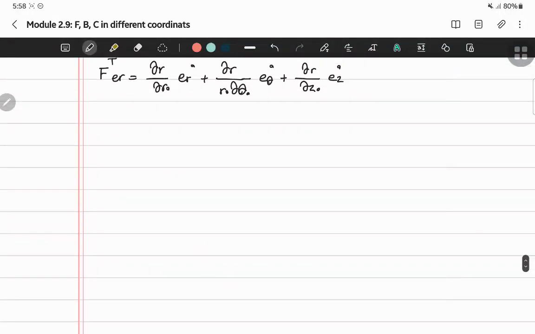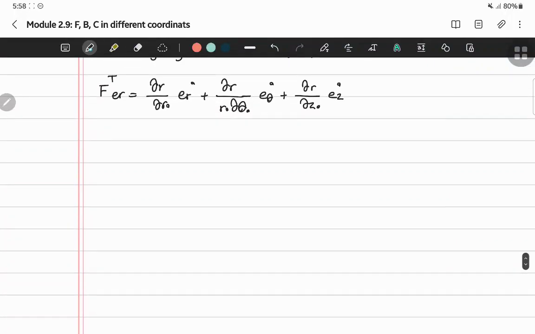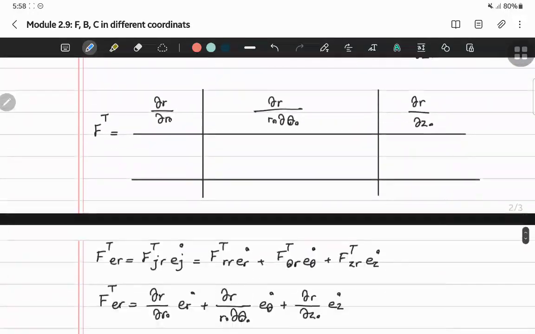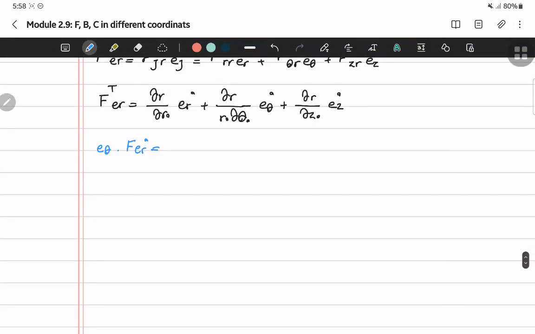So I have E theta, maybe with another color, E theta dot F E R0, which is this one. So I can write this as F E R0 dot E theta, which is equal to E R0 dot F E theta, which is equal to R partial derivative of theta with respect to R0.